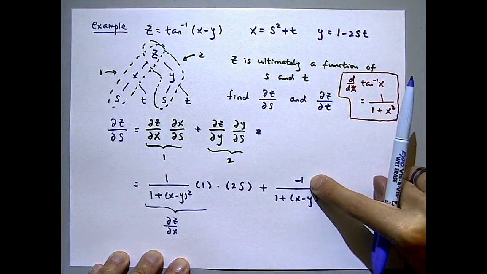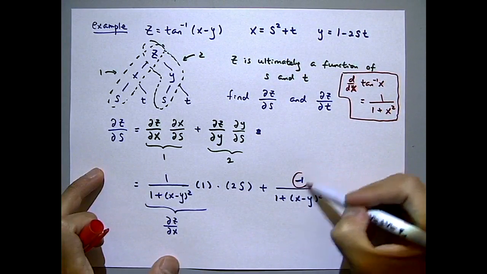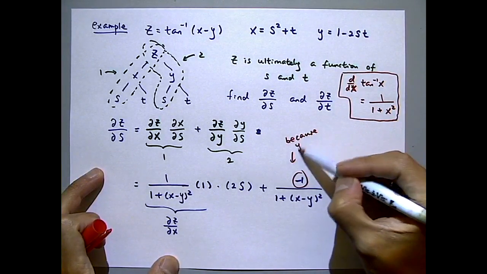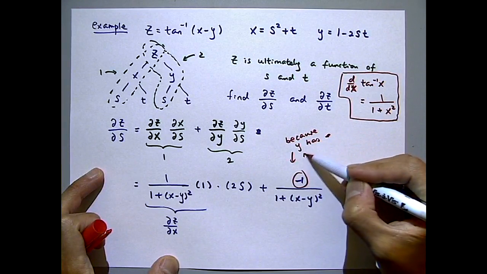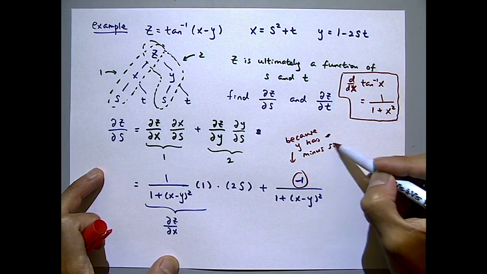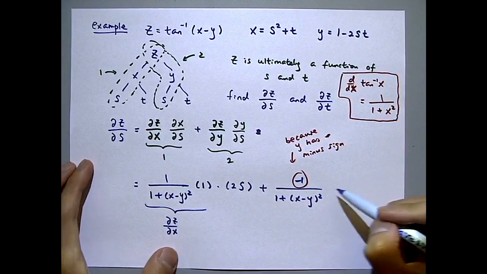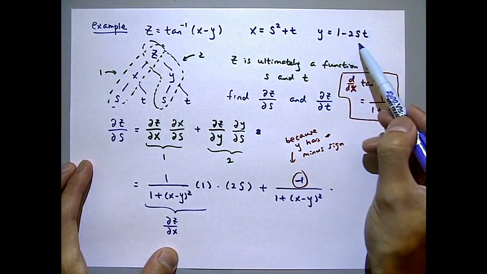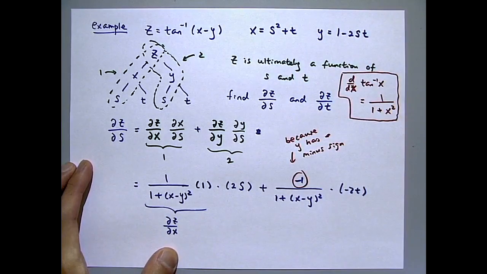This makes it a negative, because y has a minus sign. Okay, and then partial y, partial s, minus 2t, right?